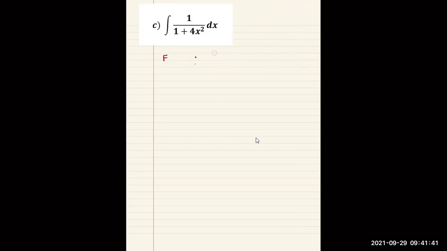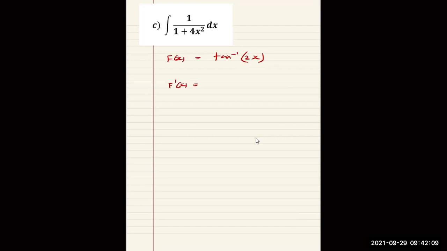What about if I try my uppercase F of x to be tan inverse 4x? Instead of trying tan inverse x, I'm going to try tan inverse 4x. Then what is my derivative? Pardon me, I'm going to try tan inverse 2x, okay? You will see why I'm putting 2 there.